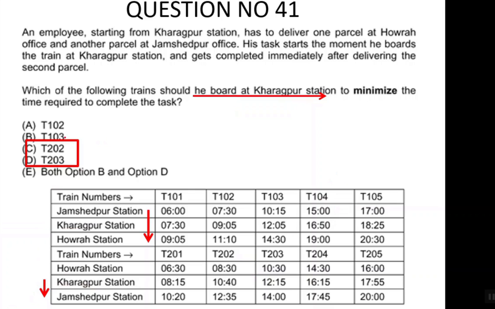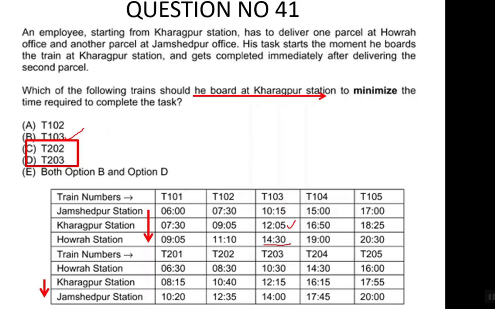Now if I try option B, then he will be boarding train number 103 from Kharagpur station, and will be reaching Howrah station at 2:30. He will be delivering the parcel in 1.5 hours.